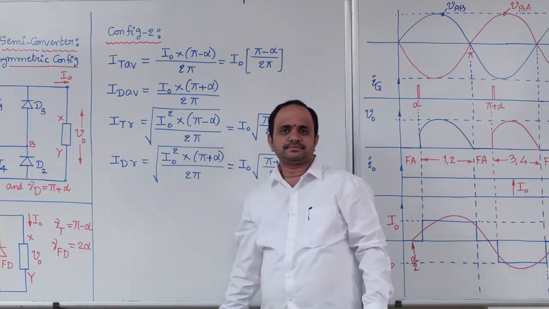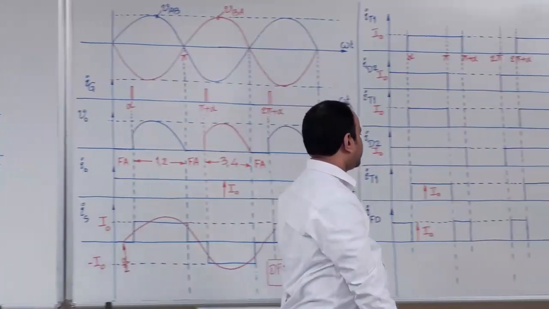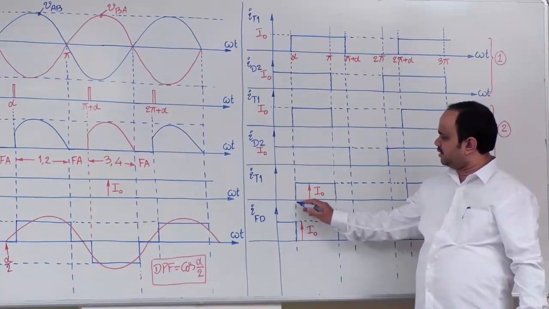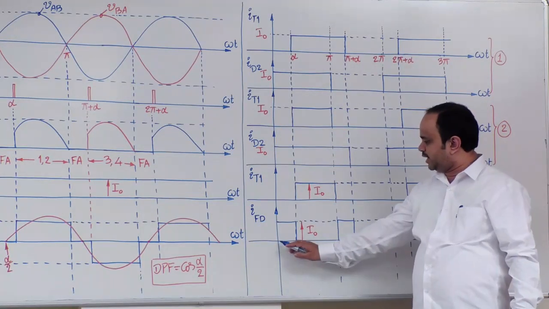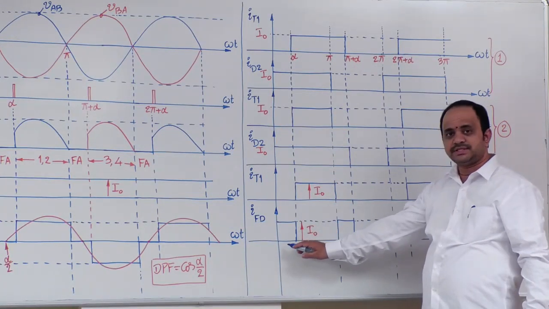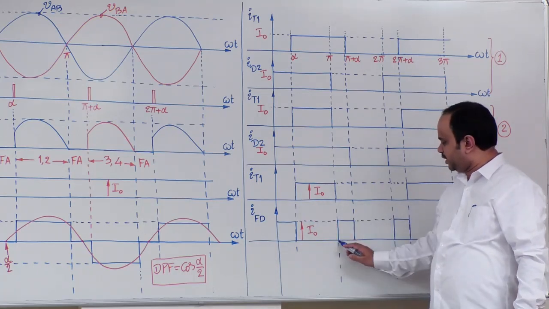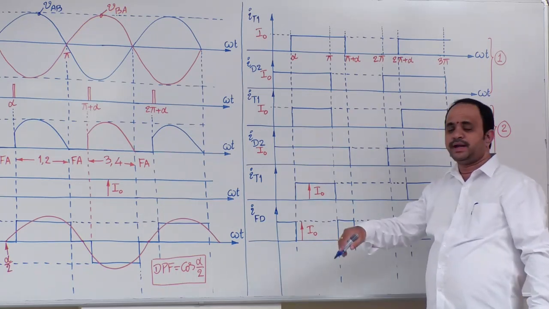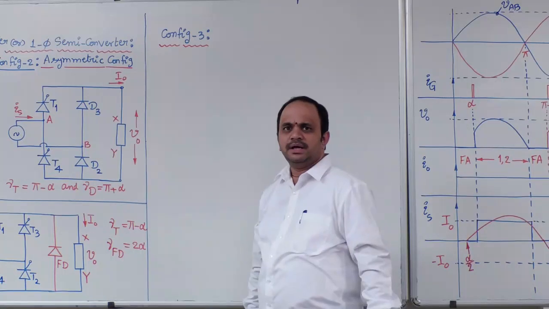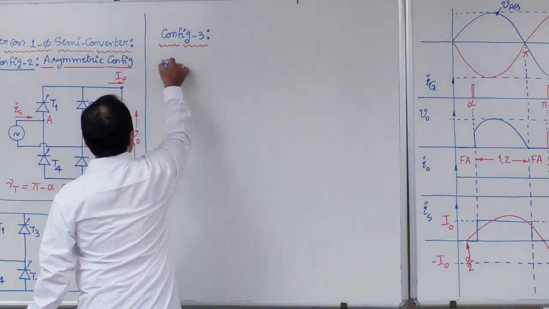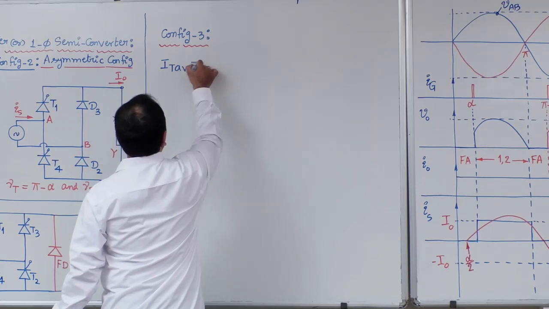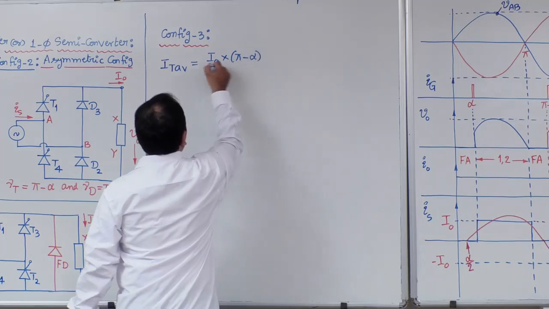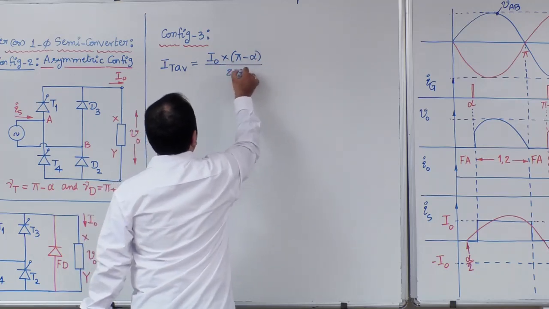In the similar way, let us look into the waveforms for configuration 3. SCR is conducting for a period of pi minus alpha, whereas diode, in the sense freewheeling diode, is conducting for a period of 2 alpha in one cycle. Therefore, how to write average and RMS values, let us see. Now here, average value of SCR current, area under the waveform, I naught multiplied with pi minus alpha divided by 2 pi.